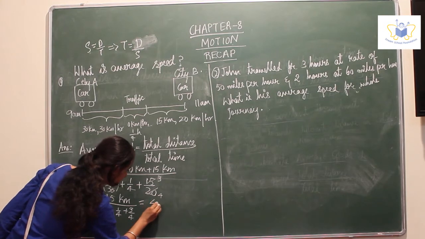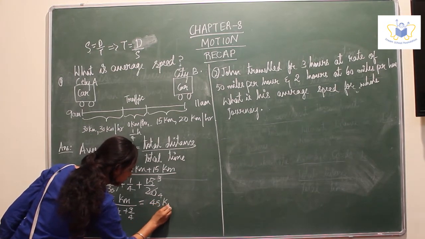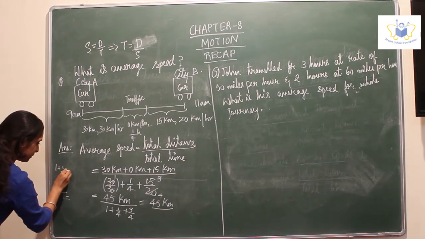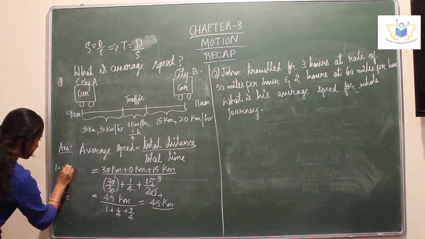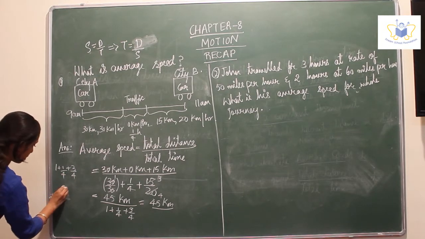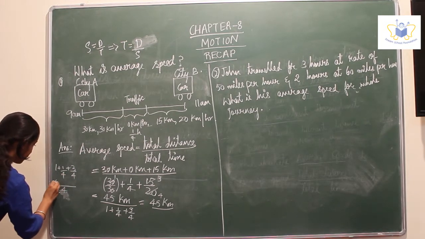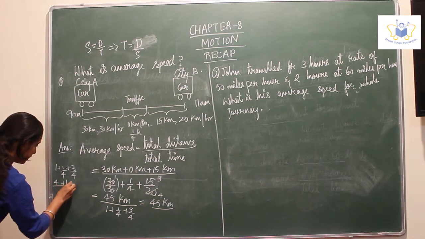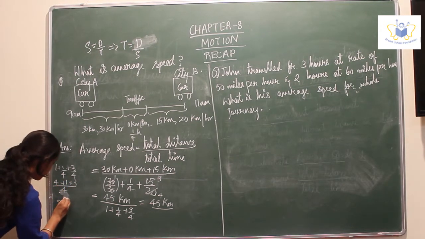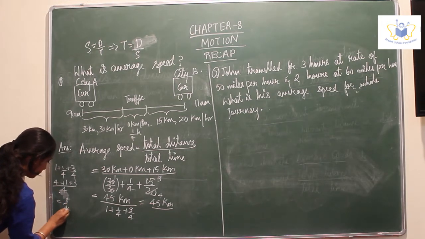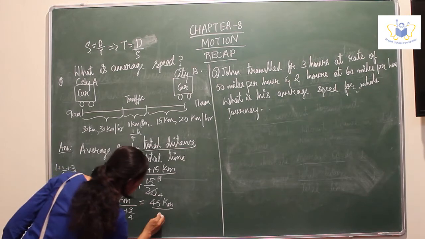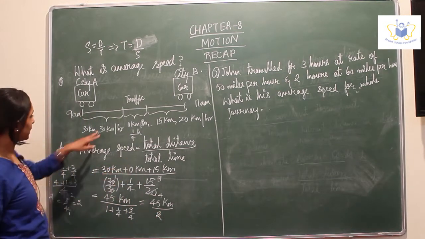So if you solve this, you will get 45 kilometers divided by 1 plus 1 by 4 plus 3 by 4. How are you solving it? What is my LCM? 4. So my answer becomes 4 plus 1 plus 3, 8 by 4, which is 2. So 45 by 2.